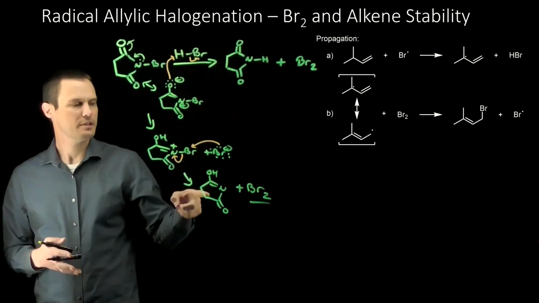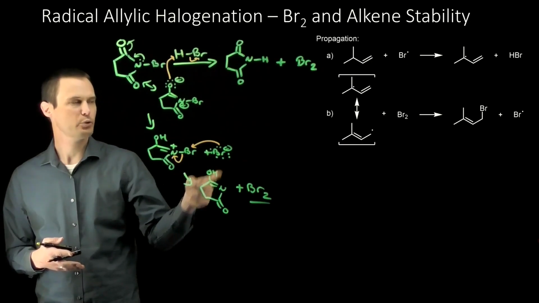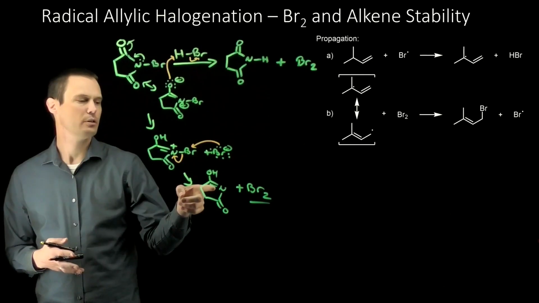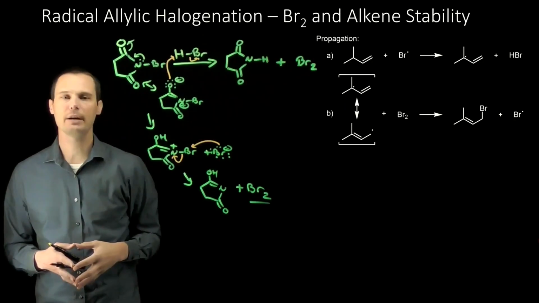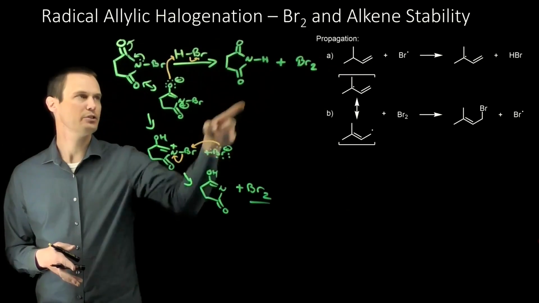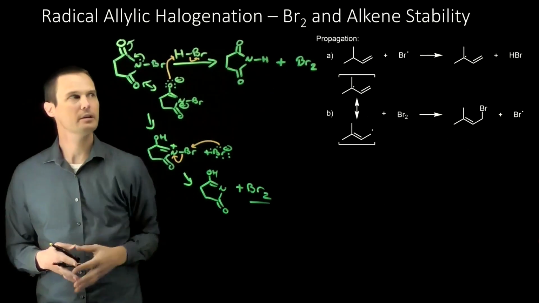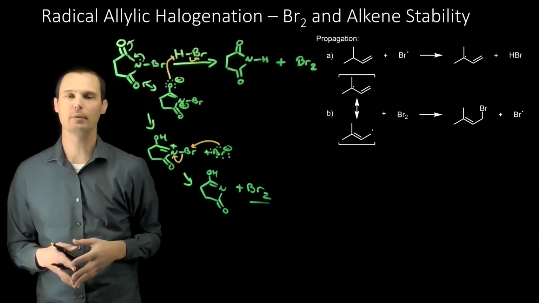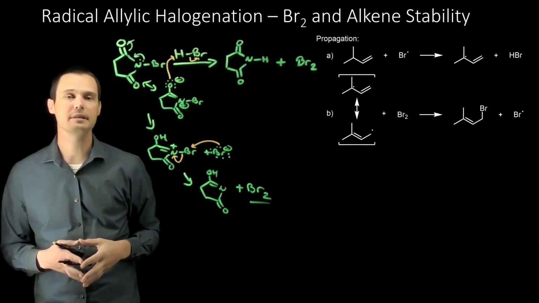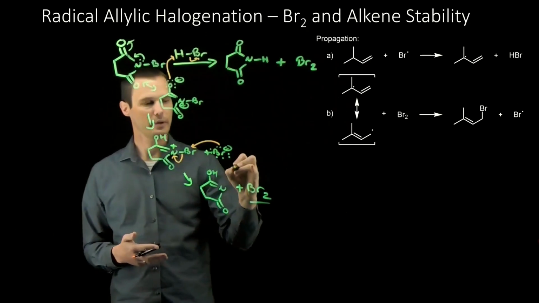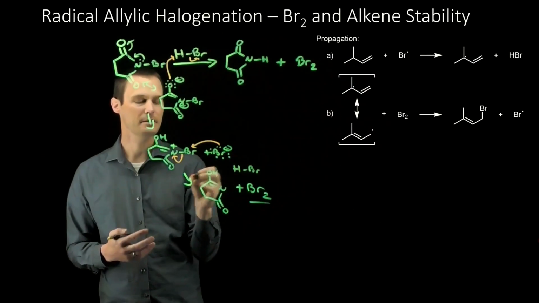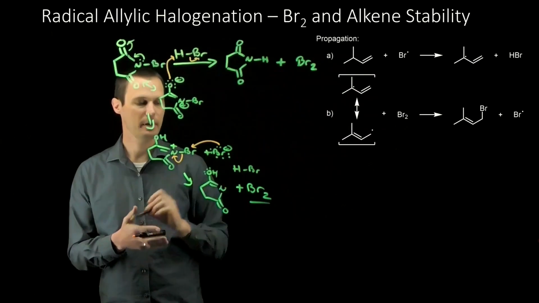This doesn't form succinimide directly though, so let's think about what's the difference between here and here. We have a nitrogen-carbon double bond. Here we have a carbon-oxygen double bond. Here hydrogen is attached to oxygen, and here it is attached to nitrogen. So we somehow need to move the hydrogen over, and we need to move the double bond over, and we are under acidic conditions. So the way that this works is we have more HBr. HBr is an acid, so we're going to use this molecule as a base.